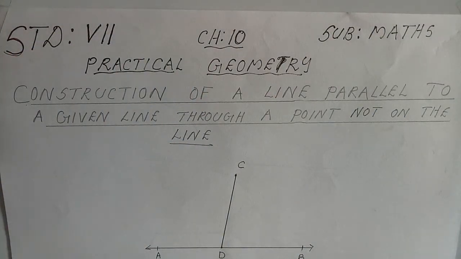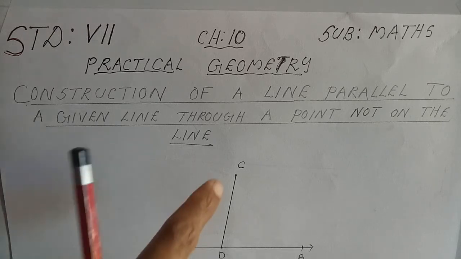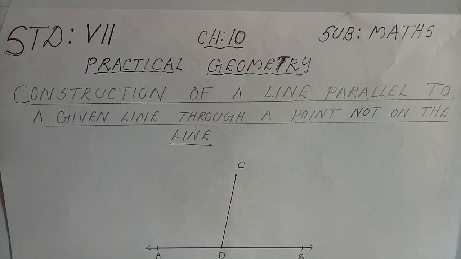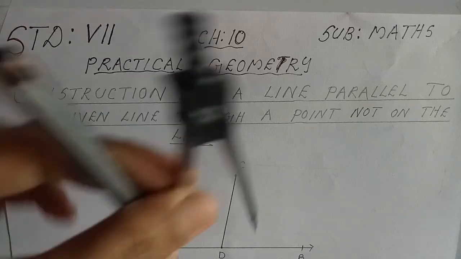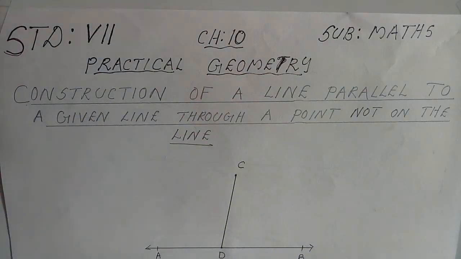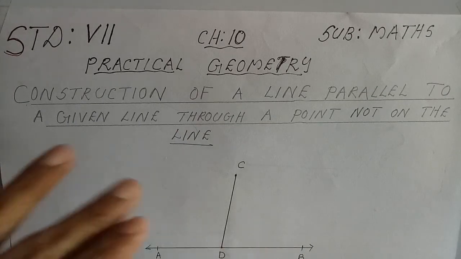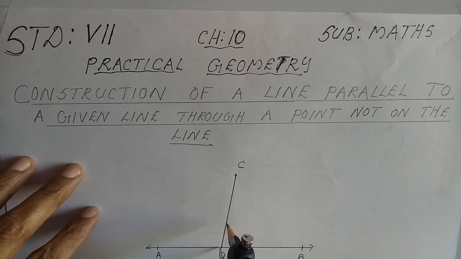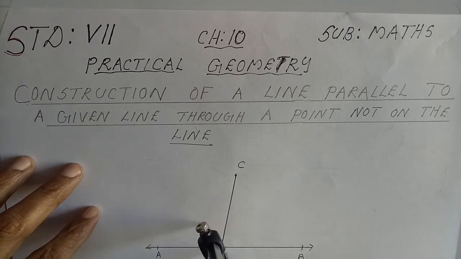Third step. With center D and any convenient radius, draw an arc to cut the line AB at one point and also the line CD at another point. So next step, with center D and any convenient radius. See this with the compass, with the center this D. Keep it here at the point D and any radius.